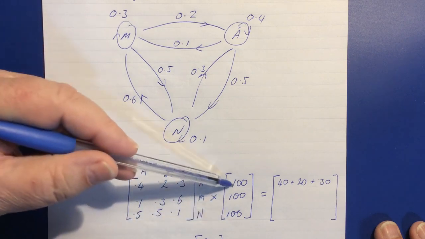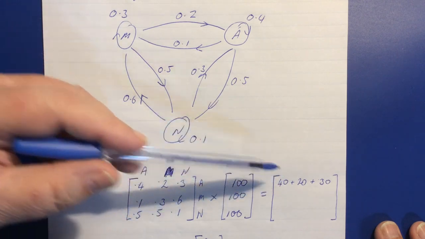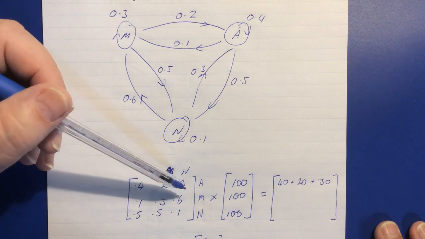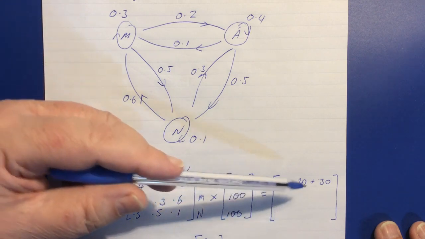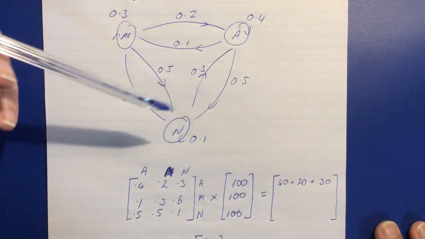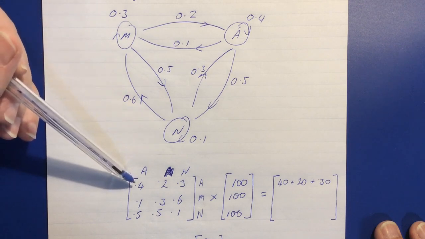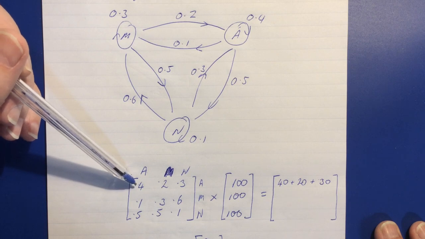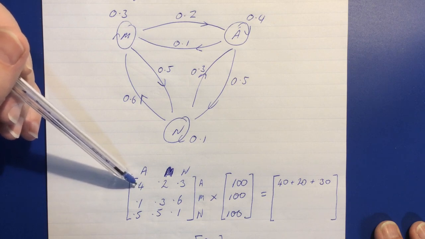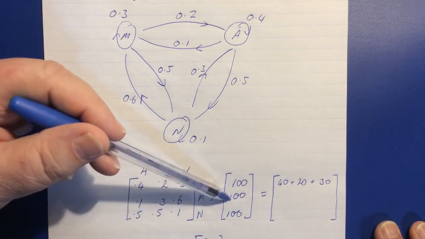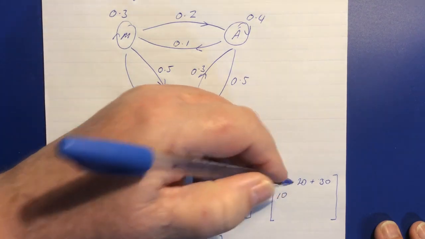So 0.4 times 100 is 40, plus 0.2 times 100 is 20, plus 0.3 times 100 is 30. Okay, hopefully that all makes sense. Right. Next line. 0.1 times 100 is 10.